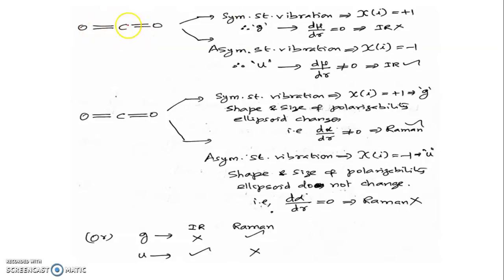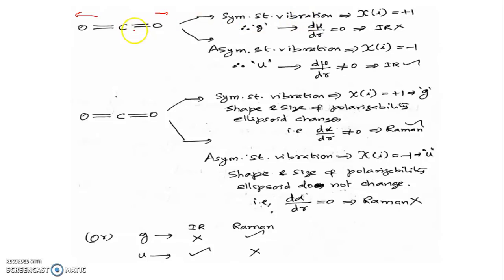In carbon dioxide, consider the symmetric stretching. What is symmetric stretching? The two bonds elongate and compress simultaneously. If the elongation and compression occur simultaneously, we call that vibration a symmetric stretching vibration.